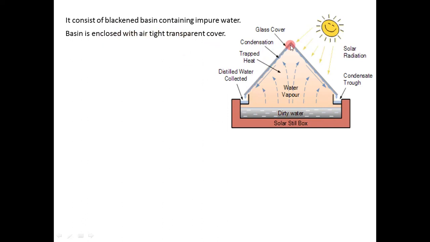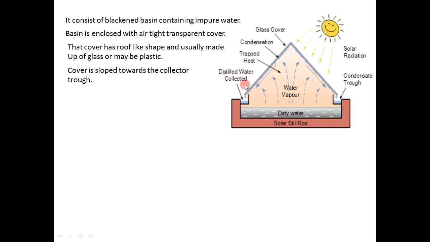This is the transparent cover which is over this basin. This cover is roof like. This is like the roof of our home, and it is generally made up of glass or plastic. The cover is sloped towards this trough where we are going to collect the pure water.